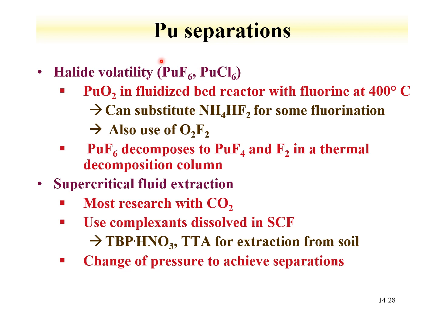The resulting hexafluoride species is volatilized. When this enters a thermal decomposition column, the plutonium hexafluoride species reduces to the tetrafluoride, which is not volatile, and fluorine gas forms. And this is a way of achieving a separation, then a recovery of the material.